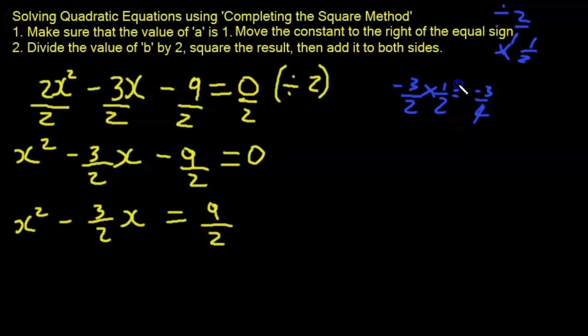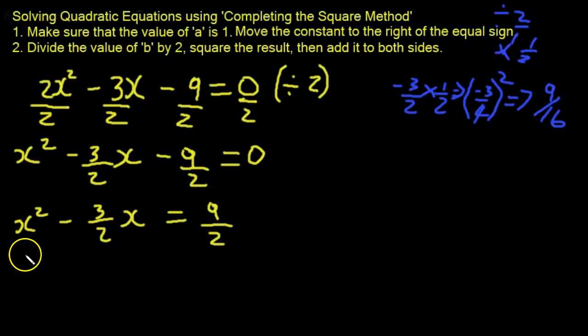And then we are told to square the result, so we square the result. When we square the result, what do we get now? We get 9 over 16, and then we add 9 over 16 to both sides.